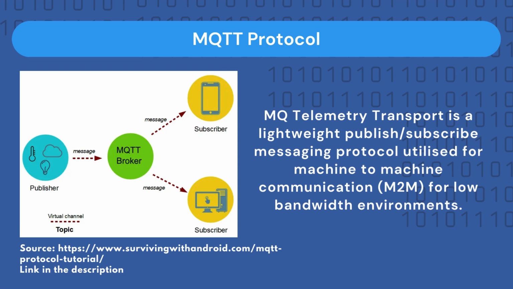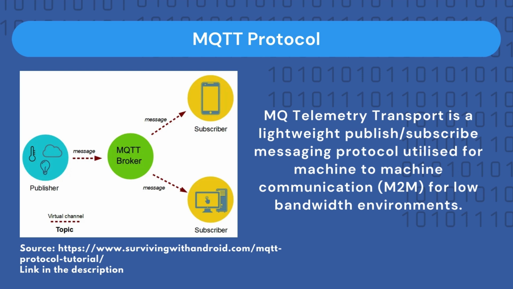In traditional network communication, client and server communicate with each other directly, as we've seen in the NTP video, the Network Time Protocol video. However, in MQTT, that is different, as it uses a publish and subscribe method to decouple the message sender, which we will call the publisher, from the message receiver, which is the subscriber.